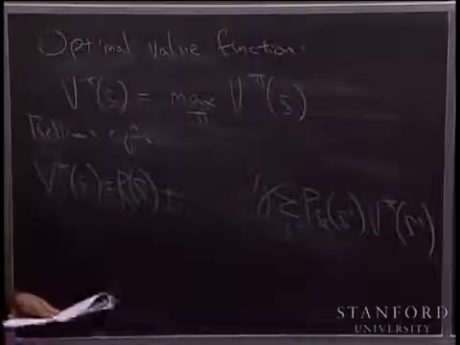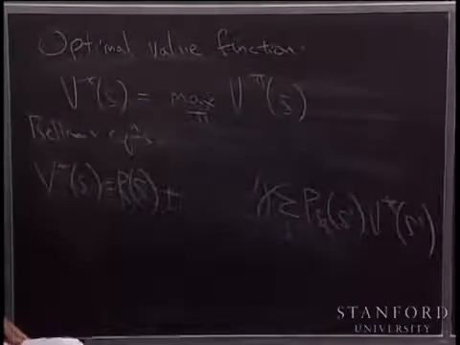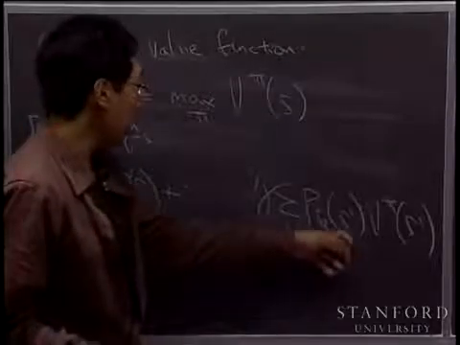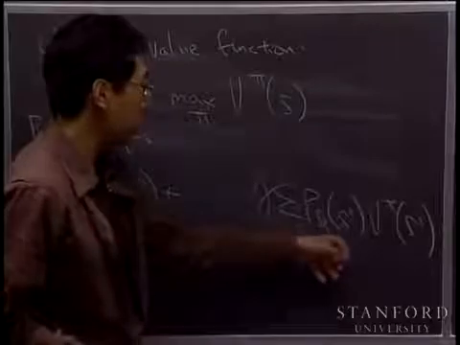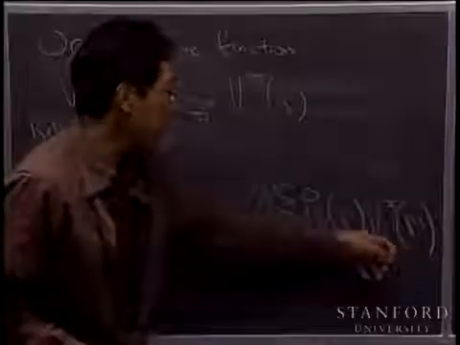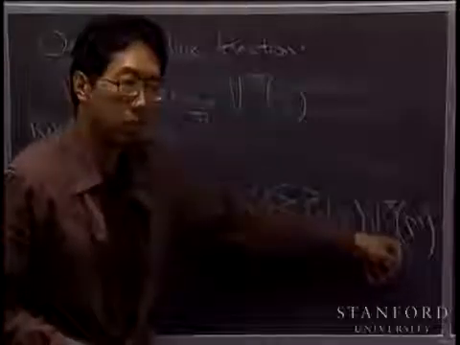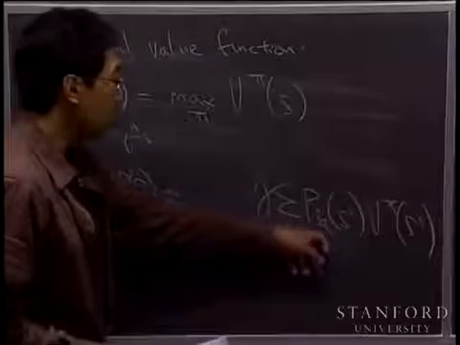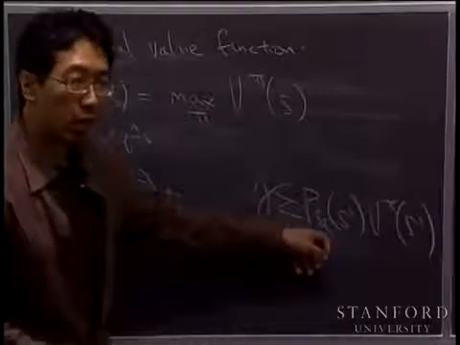If I take an action a in some state s, then with probability given by P subscript sa of s prime, I transition to state s prime. And when I get to the state s prime, I'll expect my total payoff from there to be given by V star of s prime, because I'm now starting a new state s prime. So the only bit in this equation I need to fill in is what is the action a.